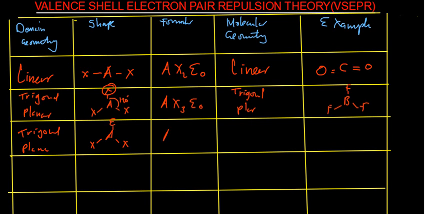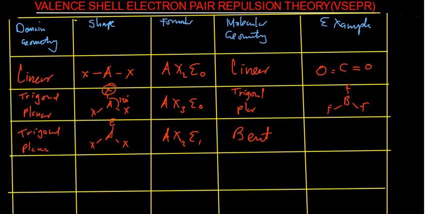So therefore the formula is AX2E, with one lone pair of electrons. Now this shape will no longer be trigonal planar for molecular shape. It is going to be a bent shape. So therefore the molecular geometry is going to be bent.